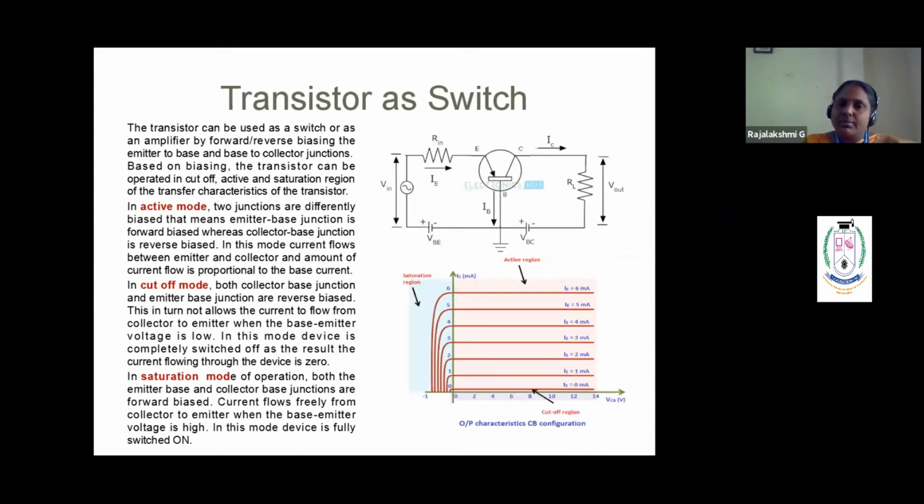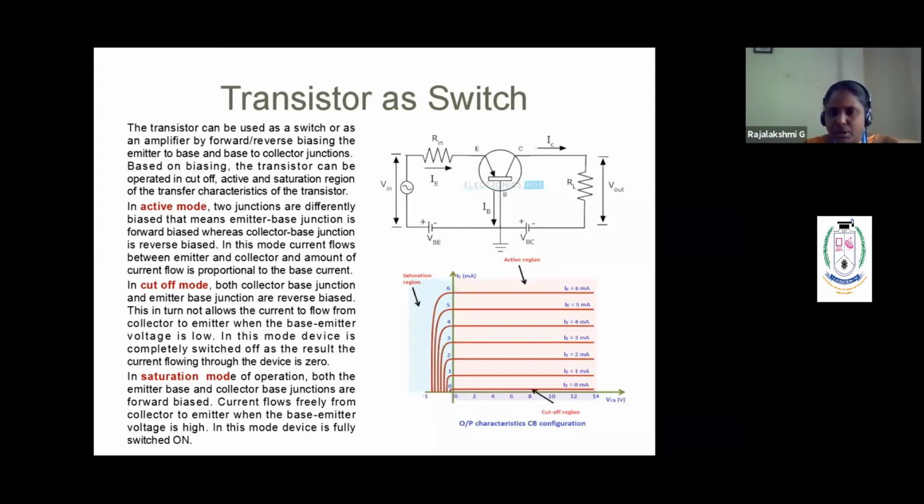So this transistor will normally operate in three different modes, namely active mode, cutoff mode and saturation mode. In the diagram you can see it is noted with arrow marks: active mode, cutoff mode and saturation mode. So let us see what is active mode. Active mode is the mode where the curve is a straight line parallel to the x-axis.